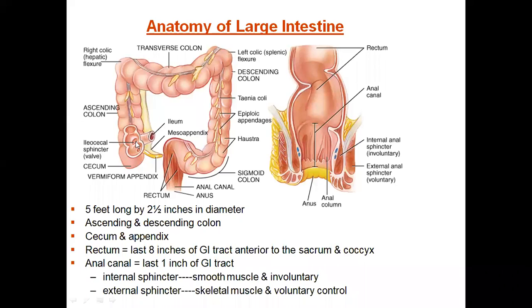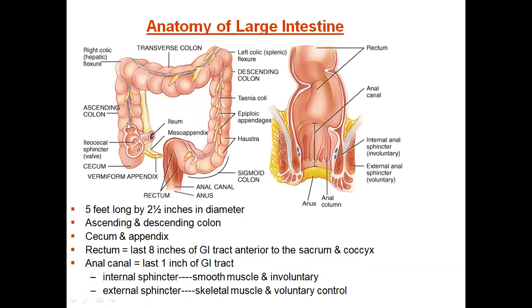If we take a critical look at the large intestines, as I said, it starts from the last part of the small intestines, which is the ileum, and then it moves all the way to the last end called the anus.